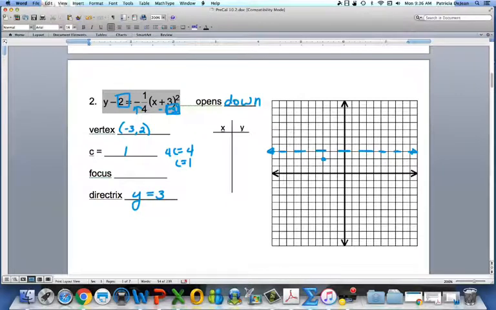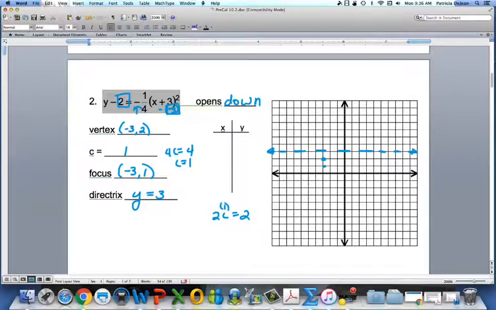And our focus is going to be inside the parabola, one space inside. So our focus is going to be at negative 3 and 1. Okay? Now, 2 times C on either side of the focus, so our 2C is equal to 2, because C is equal to 1.